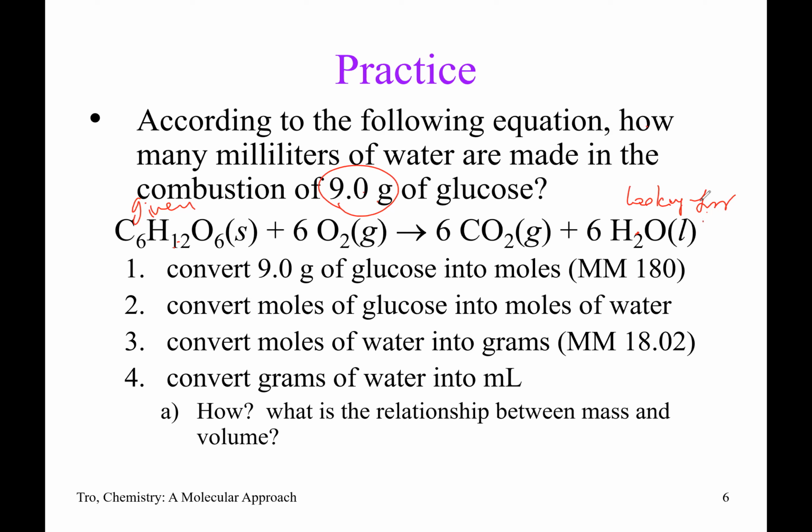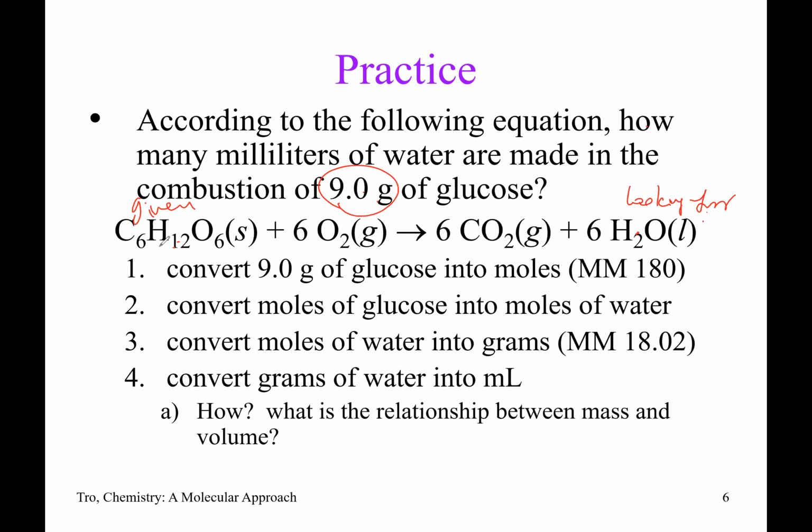If it's not given, make sure you balance it. Second, if the mass is given for the given, change that to moles. Then use the balanced equation to change the moles of given to moles of looking for. Then you answer the question.